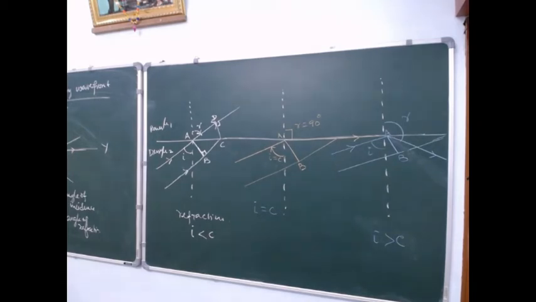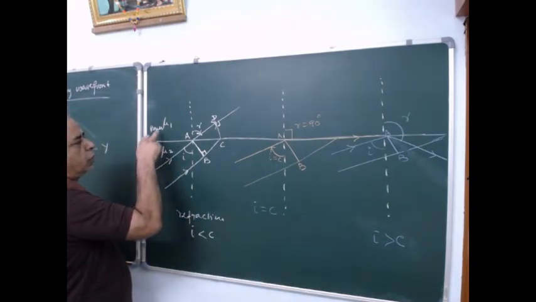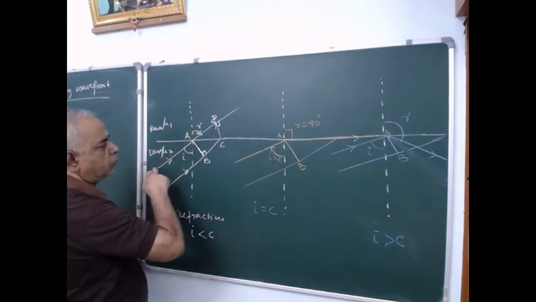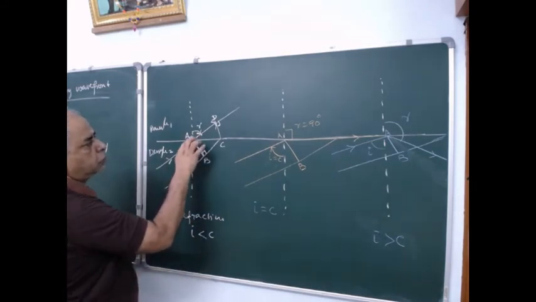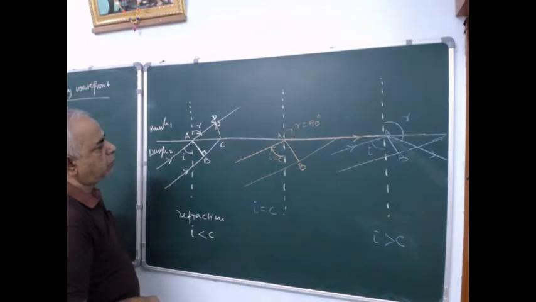This is a very important diagram. Are you able to see? See here, denser medium 2, denser medium 1. So from denser medium to rarer medium, when the light goes, it gets deviated. So actually it should have gone straight, but it has slightly deviated. Okay.